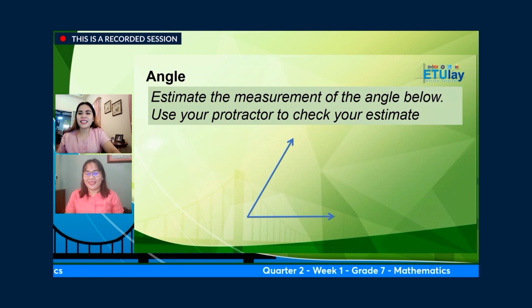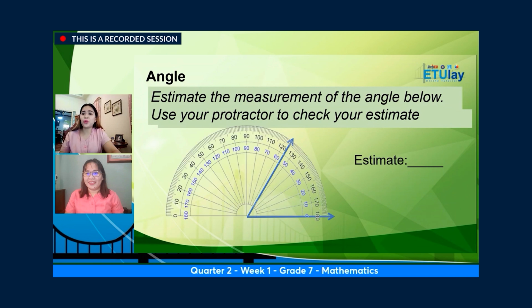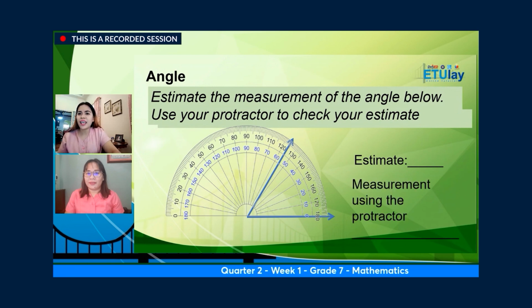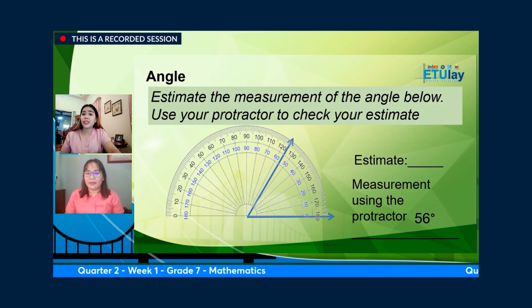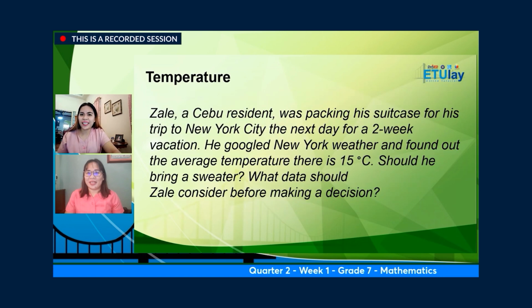Okay, now let us use a protractor to know the real measurement of this angle. Okay, by looking at this angle, we can see that this angle measures 56 degrees. Too close to your estimation, Tutor Jolly. Okay. Next is the temperature.